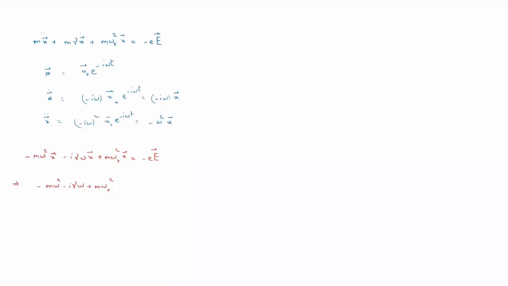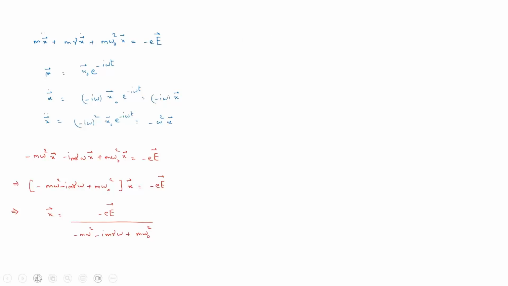There is an m missing here: minus i m gamma omega. So x is equal to minus e E over minus m omega square minus i m gamma omega plus m omega naught square.